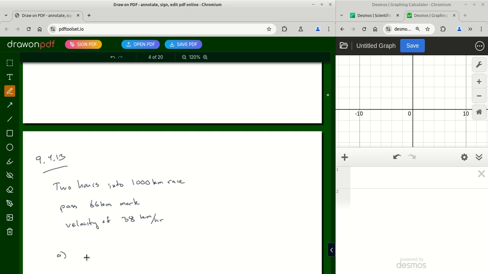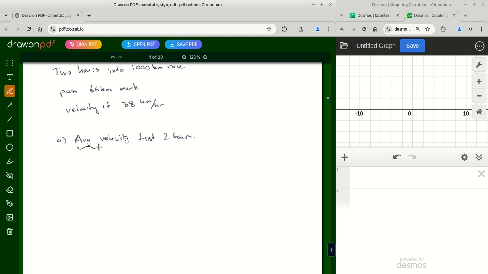Part A says find the average velocity over the first 2 hours. It's not too bad, actually. Average velocity, they're trying to say the slope. So it's m equals y2 minus y1 over x2 minus x1.